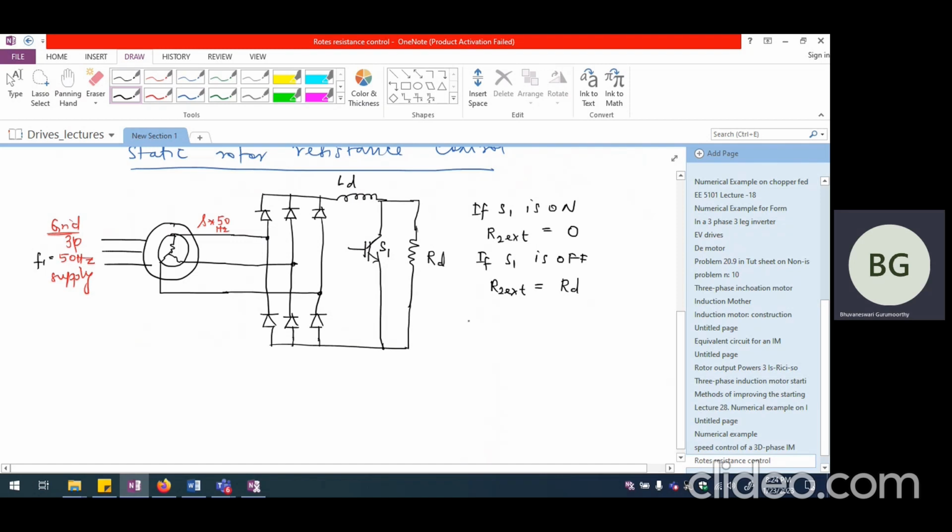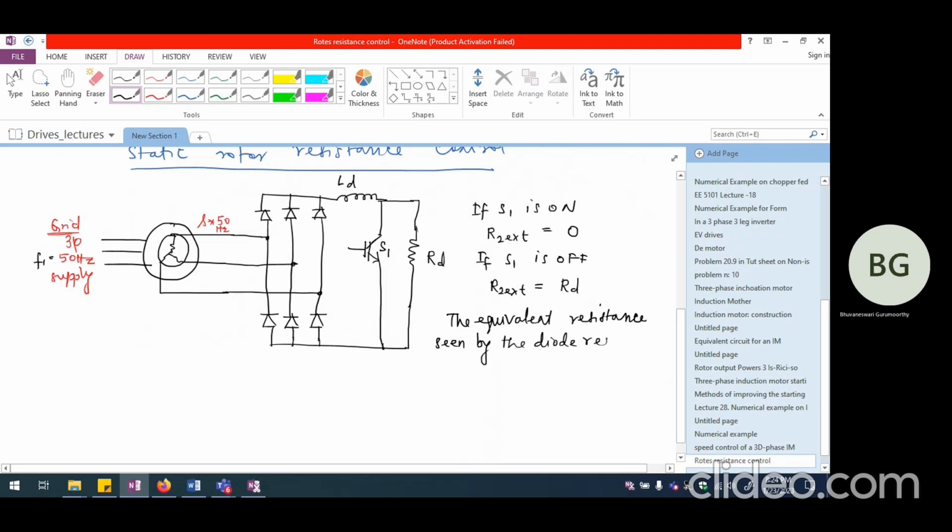So the equivalent resistance seen by the diode rectifier is RD multiplied by the off interval, plus 0 multiplied by the on interval, divided by T on plus T off.